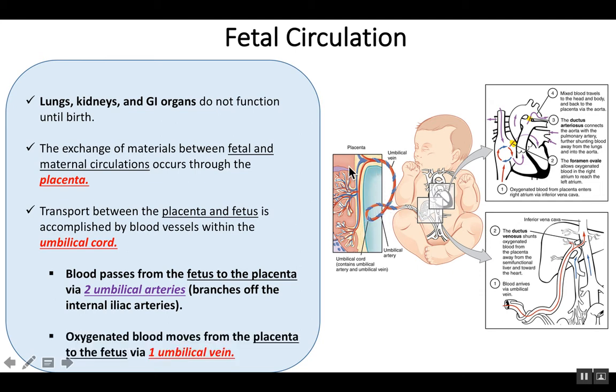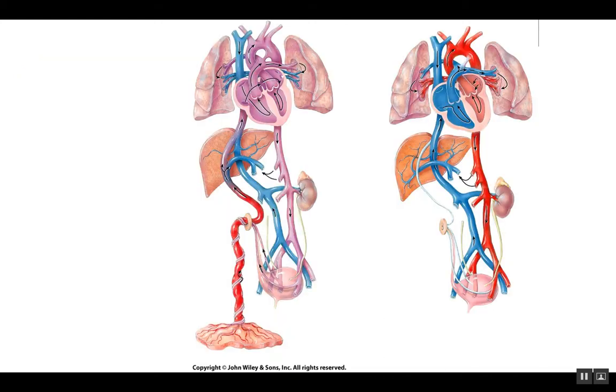So inside that umbilical cord, you will find two umbilical arteries delivering blood from the fetus to the placenta, and one umbilical vein going from the placenta to the fetus. So that's how we make this circulation between the placenta and the fetus.